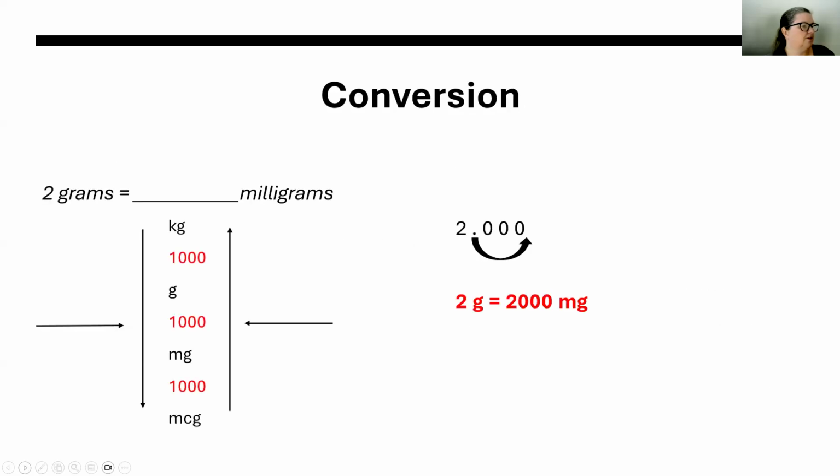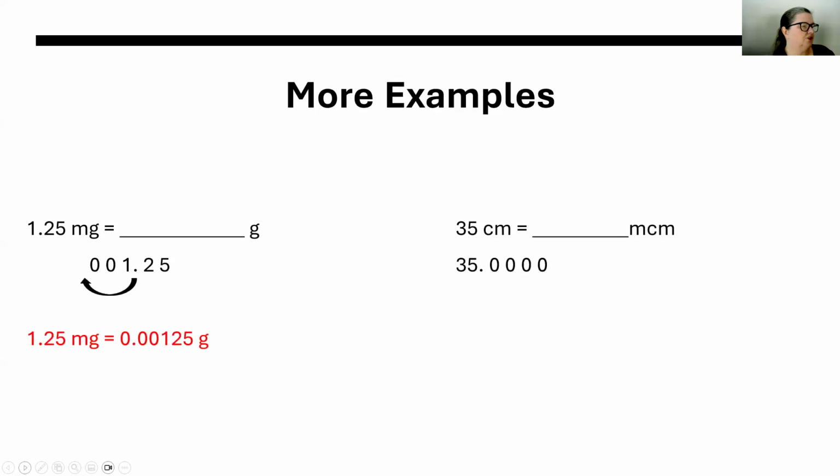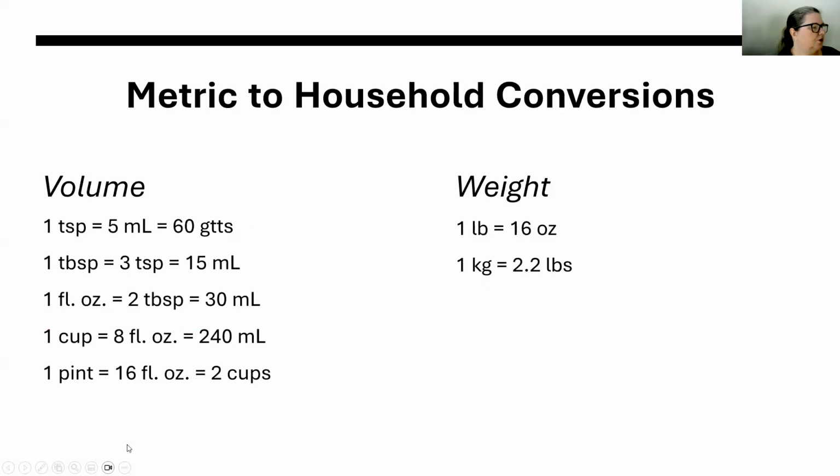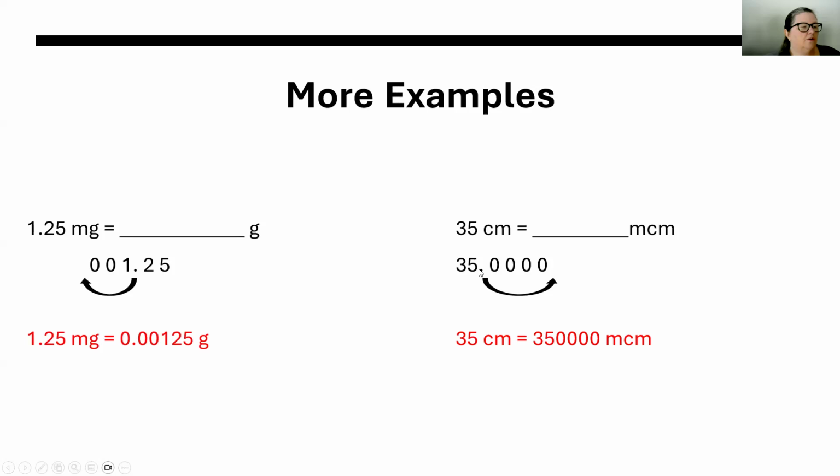Let's go back real quick here. Sorry for all the clicking. Okay, so we're going from centimeter to micrometer. We're going down, right? Down is right. But we're going from, oh no, I am so sorry. We are going from here, centimeter, to millimeter, 10.